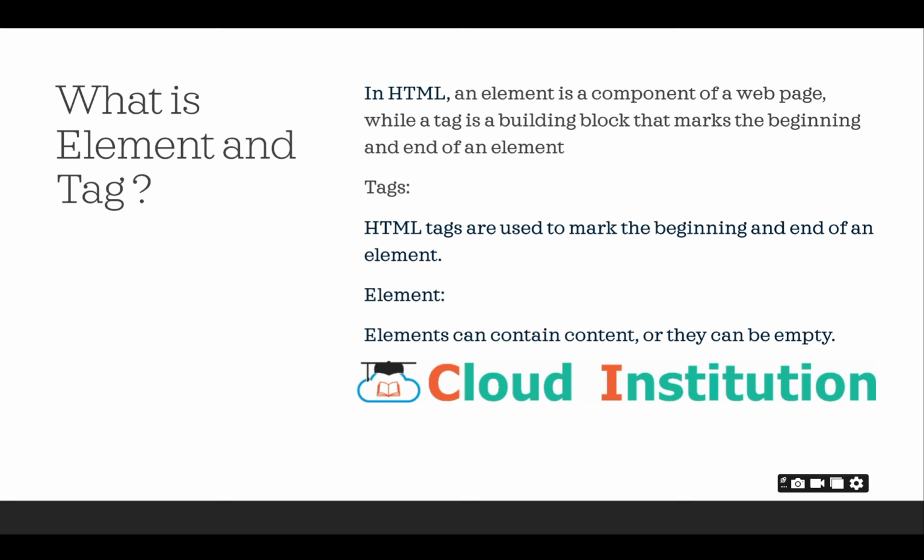Take tags, for example: there is a start tag and an end tag, which creates the block for the web page. Whenever you are creating a web page, it will create the structure, so this is the block we will be having, and that is used by the tags.